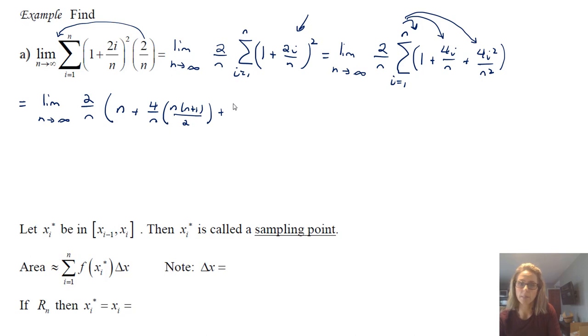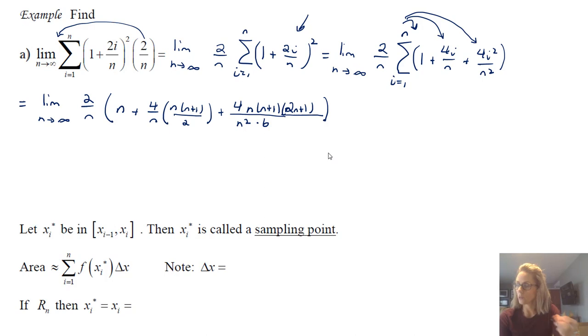And then we're going to add the next summation, which is the i squared. So 4, and then I've got n squared, and then the i squared, which is n times n plus 1 times 2n plus 1, and that is all over 6. So I'm going to write it like that. Whew. Okay, so I have all of that.